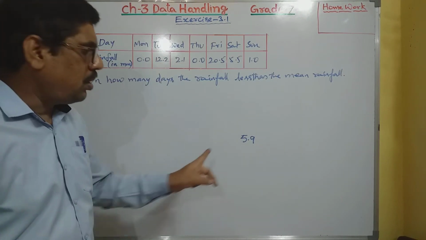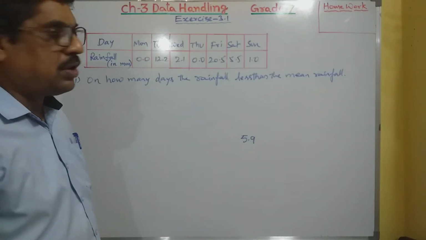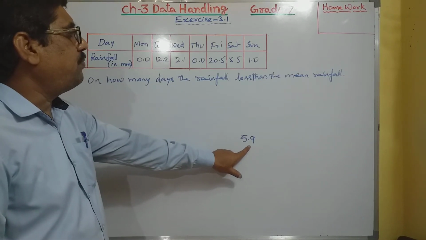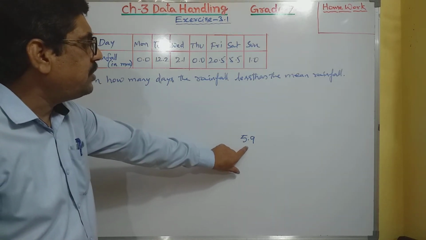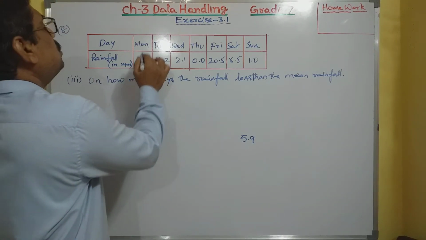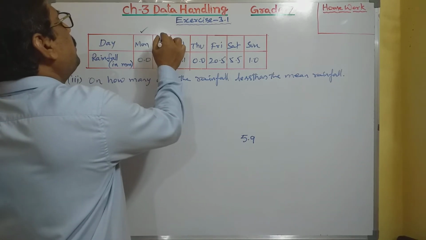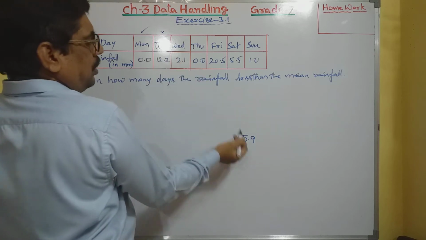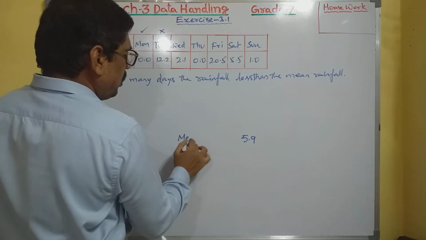In the question before, I answered that 5.9 is the mean rainfall. Now which one is below this, less than this? See, 0.0 is smaller than 5.9. 12.2 is more than 5.9. This is the mean rainfall.